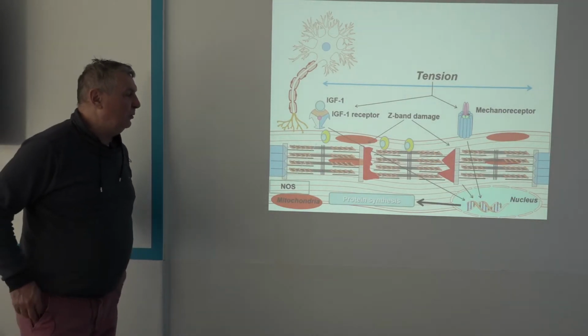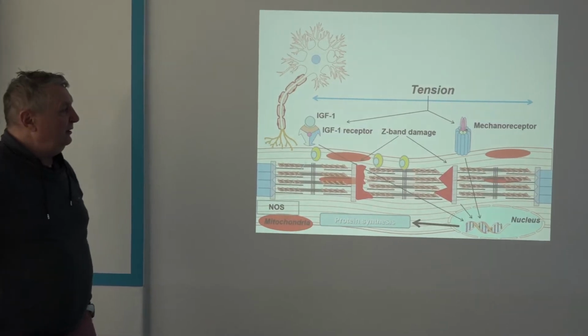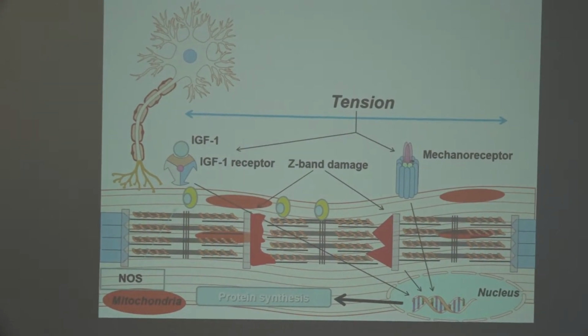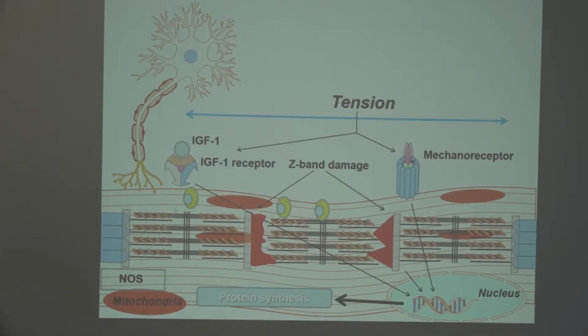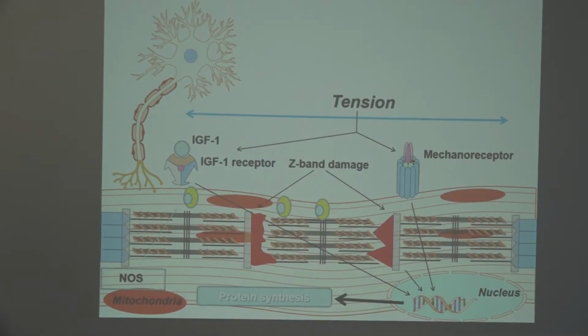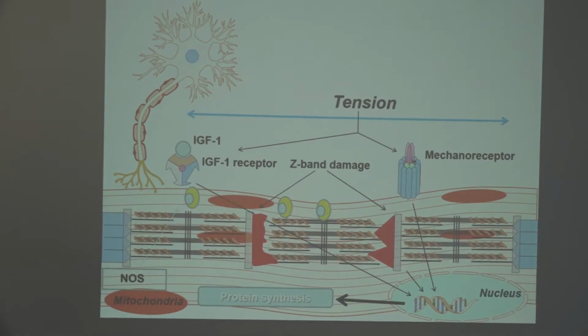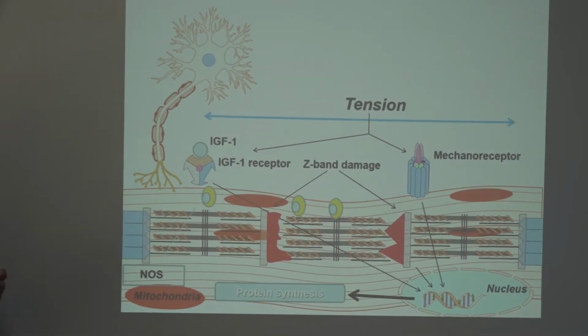So what do we know at the moment? We know that in order to increase the muscle mass, the muscle tension must be pretty big. So what does it mean? Muscle tension is dependent on the load.